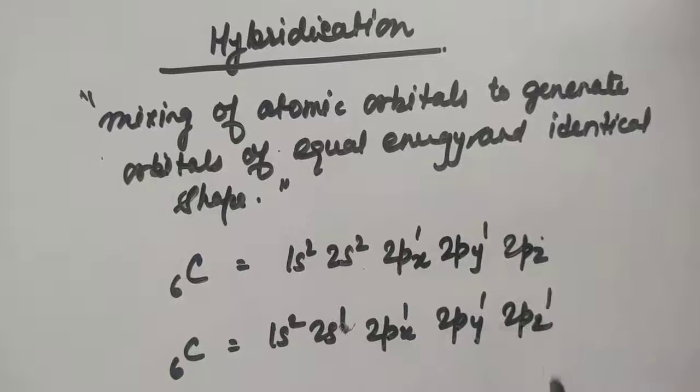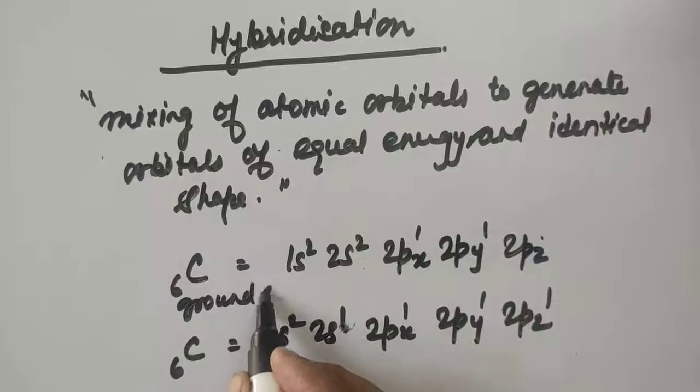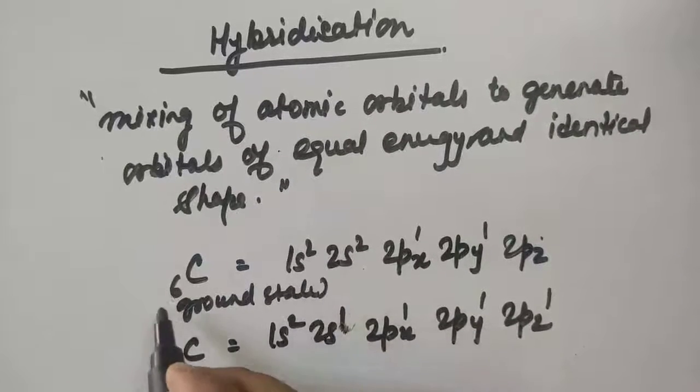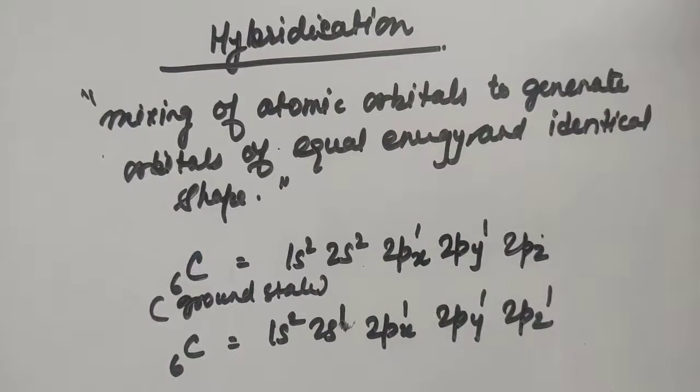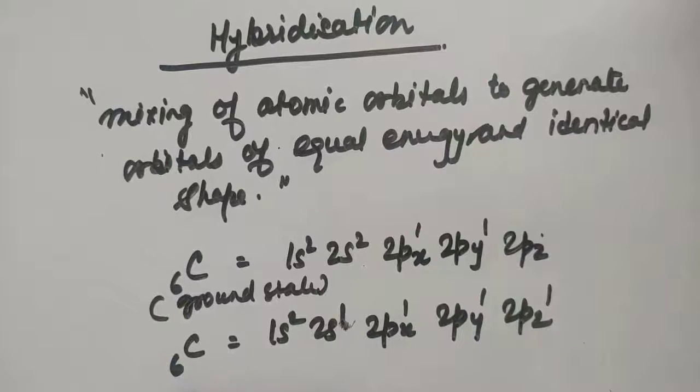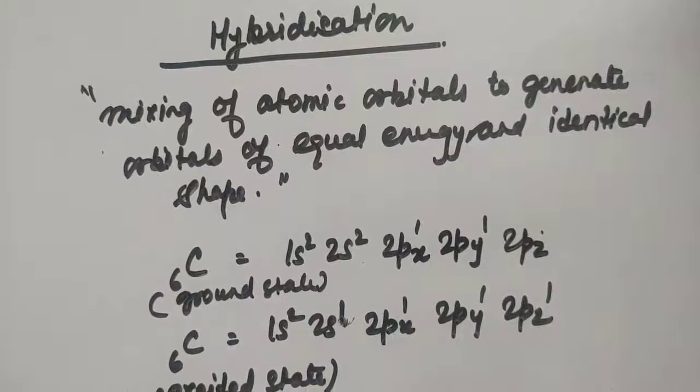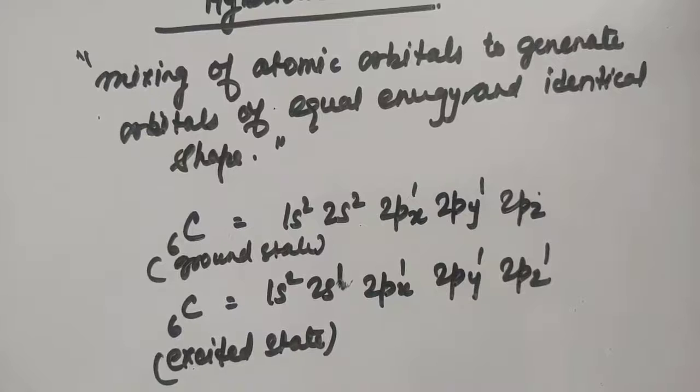The previous configuration is the original configuration, which is known as the ground state, and the configuration after 1 electron gets excited to the new orbital is known as the excited state configuration.